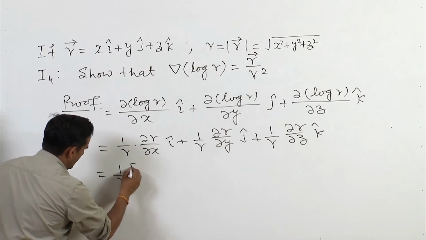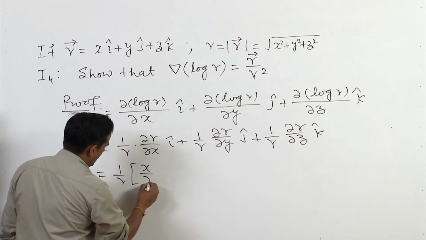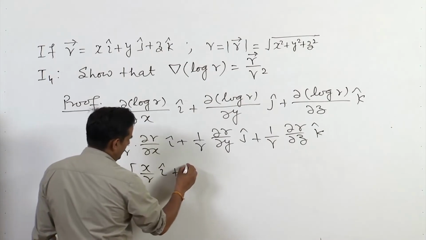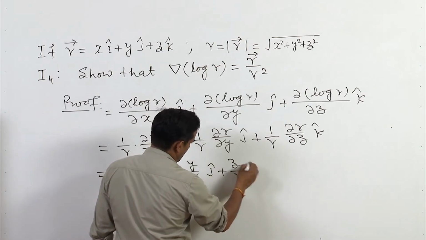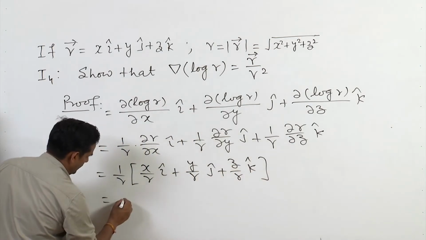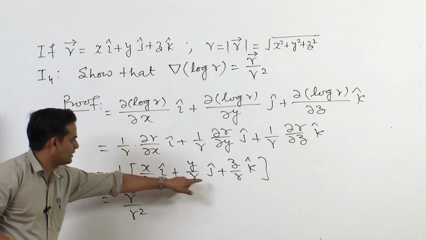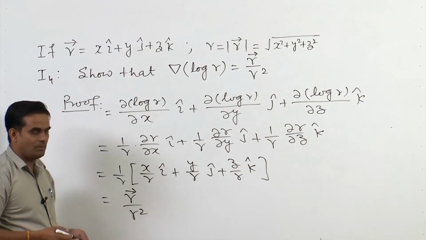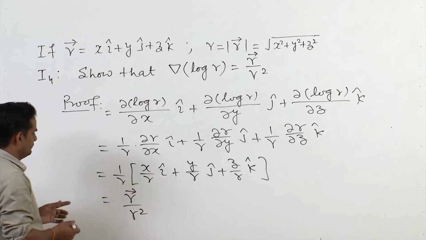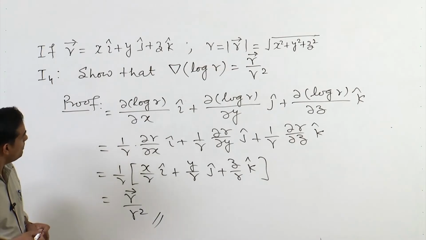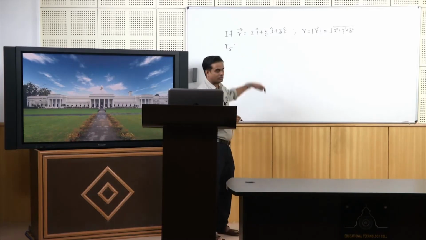I can take 1 upon r out, so it becomes 1 upon r times x upon r i plus y upon r j plus z upon r k. That is nothing but vector r upon r square, because this 1 upon r you can take out, and in the bracket you will have x i plus y j plus z k.